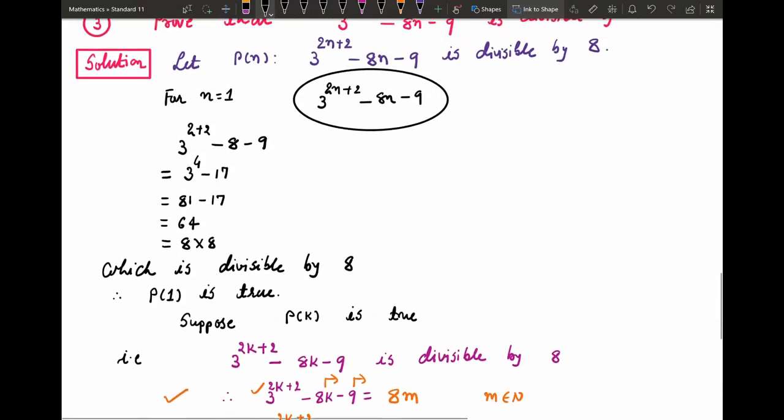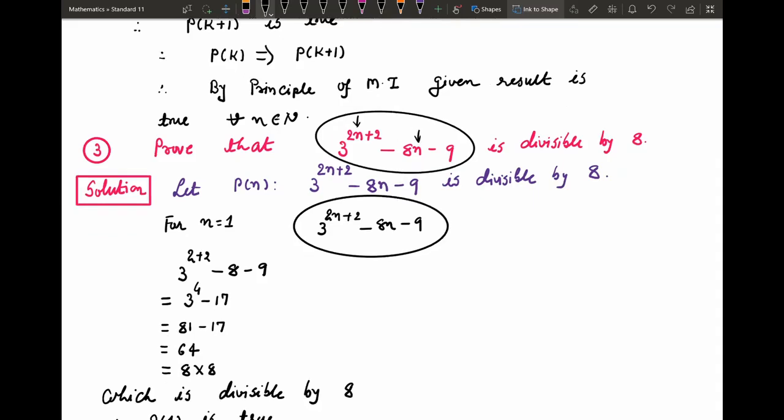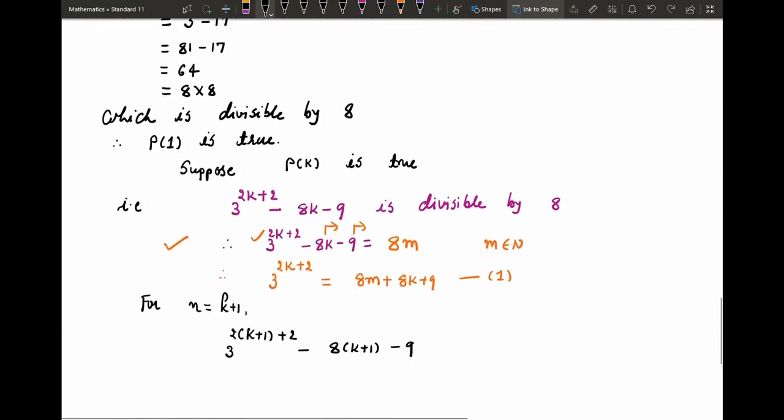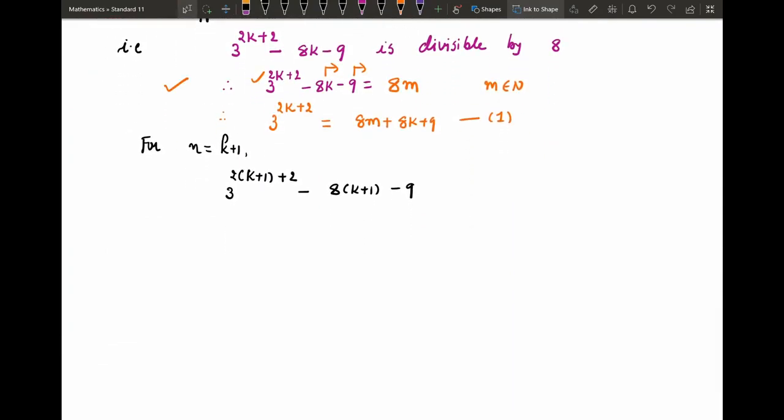Now we have to show that this quantity is divisible by 8, so we have to show that 8 is a coefficient.